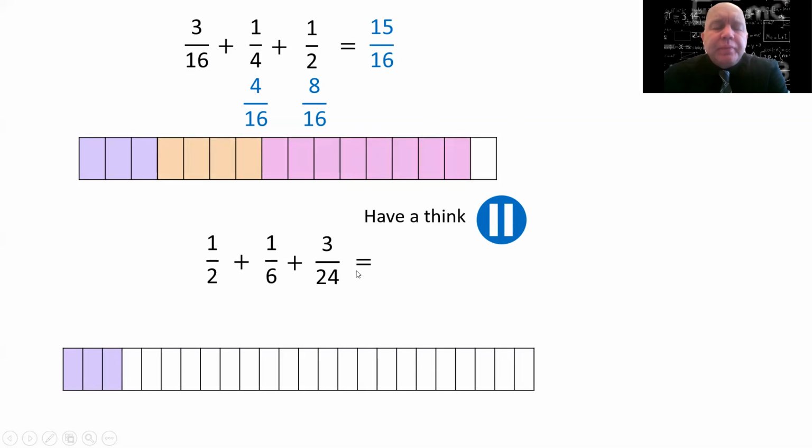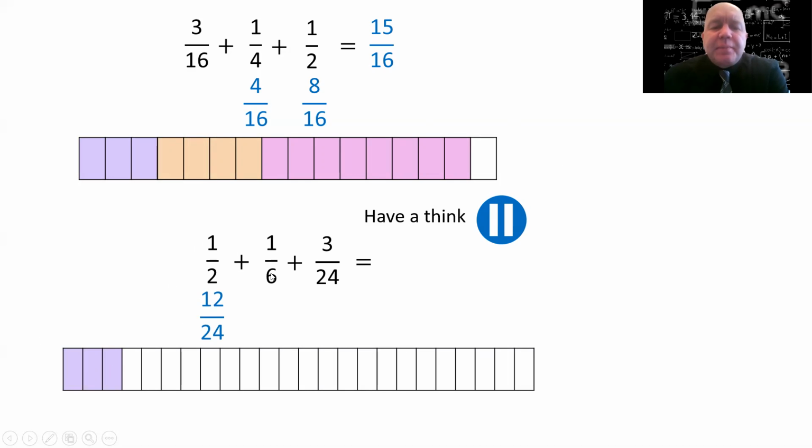Right, well, for this one, let's see what we're going to turn them into. I'm going to suggest turning them all into 24ths. Okay, so all of them over 24. The 3 24ths we've already put into our bar diagram. What about a half? Well, 2 times what gets you to 24? Well, it's 2 times 12. So 2 times 12 is 24. 1 times 12 is 12.